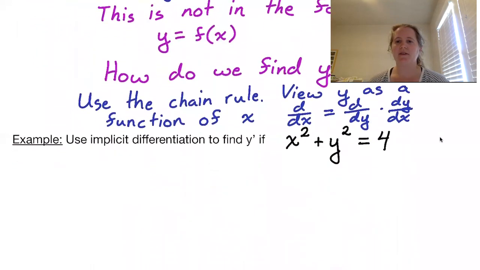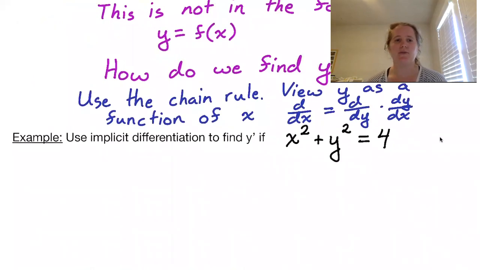So let's go ahead and just take a look at how this works in practice. We're going to look at that x squared plus y squared equals 4, and we are going to use implicit differentiation to find y prime. So we are going to just go ahead and take the derivative of everything with respect to x.